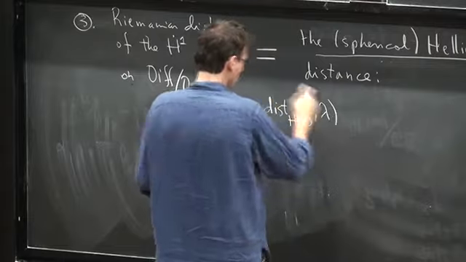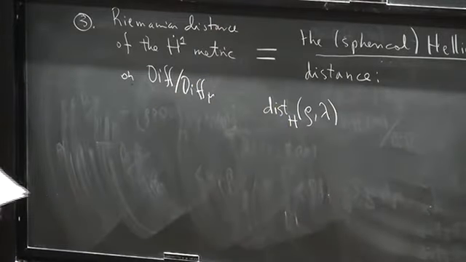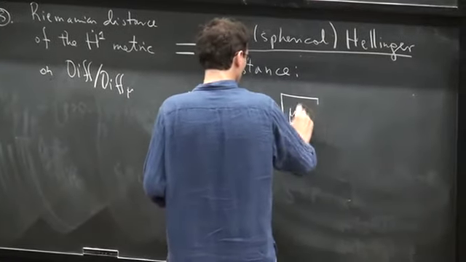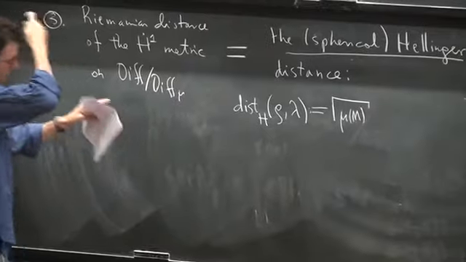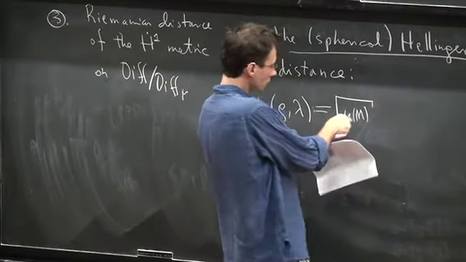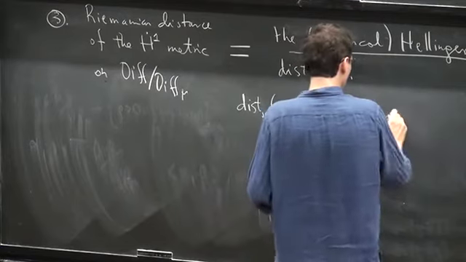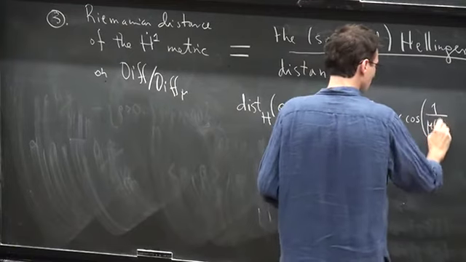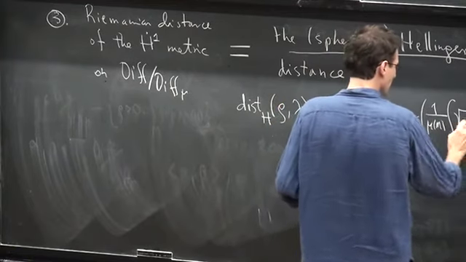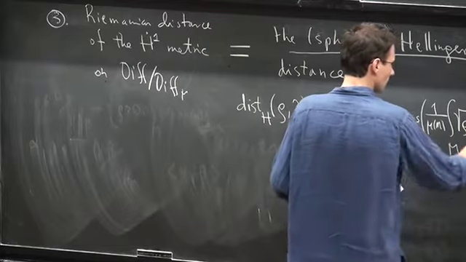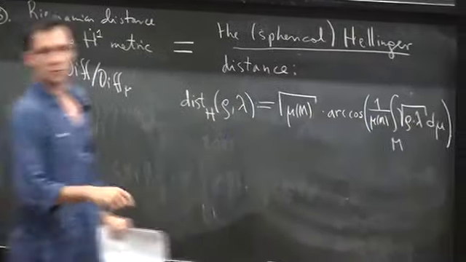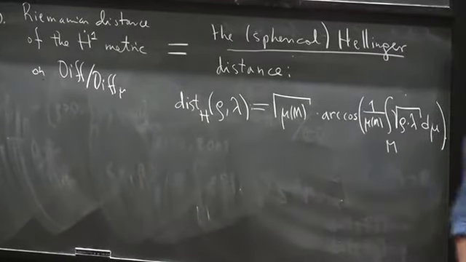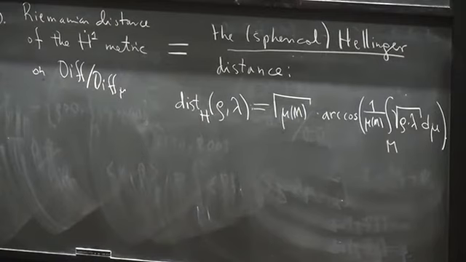Again, I will take two probability densities, rho and lambda, and this is defined as the square root of, well, they don't have to be probability, they're just densities on M. So this is the square root of mu of M times arc cosine of 1 divided by mu of M times the integral over M of the square root. Now rho and lambda are functions, so I take the product and I integrate these. So this is something that's known in statistics and used, just pretty much like the concept.